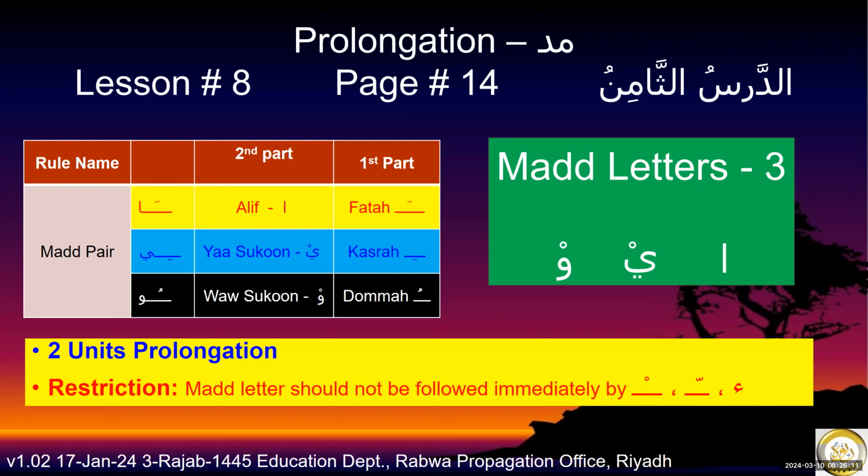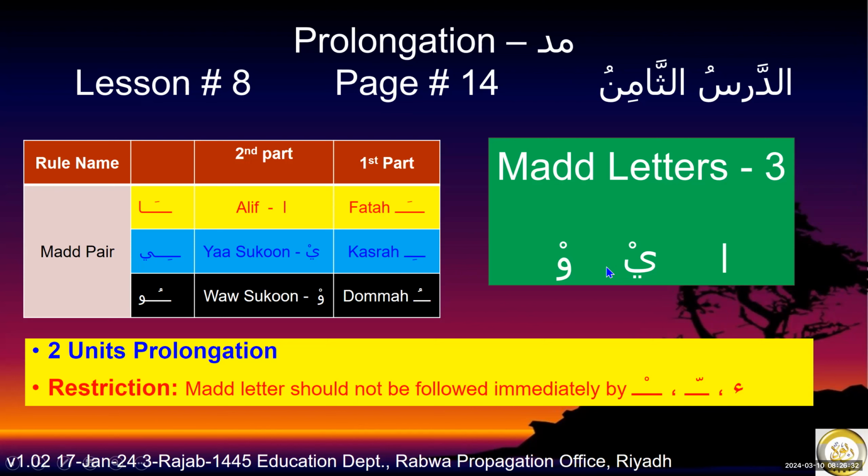The difference between lesson number 7 and lesson number 8 is only the size of the mad letter. From this we came to know that there are only 3 mad letters in the Arabic language: Alif, Ya sukoon, Waw sukoon. These are the only 3 vowels or mad letters.